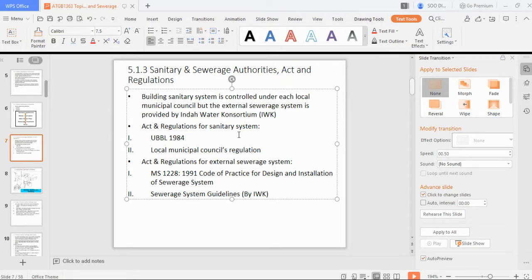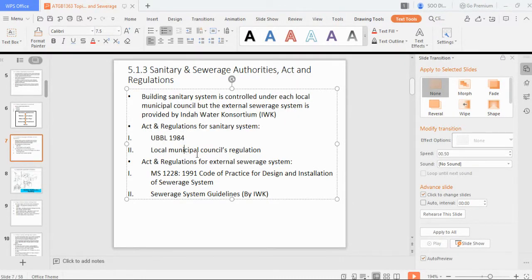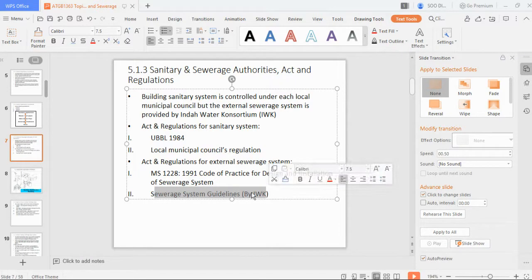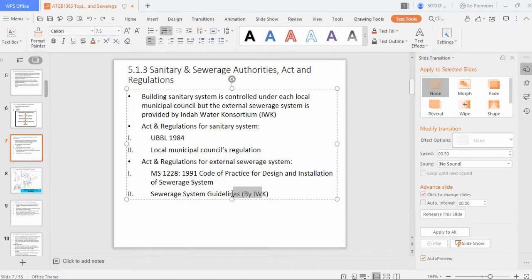So next is your act and regulation. You have the UBBL, which is the Uniform Building Bylaw, and then any local regulation by the local council, and you have acts and regulations to ensure that the sewage treatment plant is designed according to spec. So usually we will follow the sewage system guideline by IWK. IWK will specify how clean the water needs to be, and this needs to be followed.